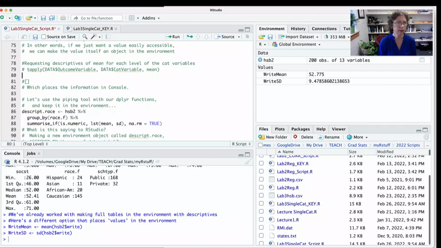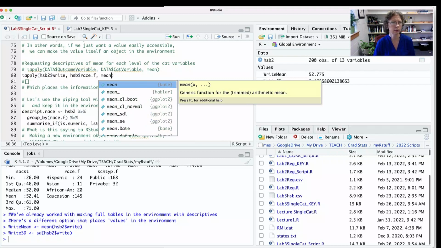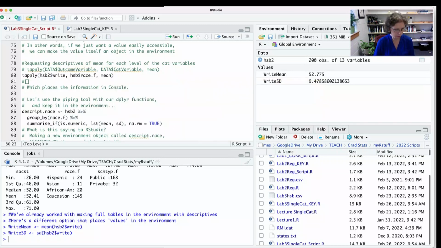So for that, my variable write, and also my categorical variable, we'll do race.f and tell R that we want the mean. I forgot a 2 there. Remember that RStudio's HSB is not the same as HSB2 in the environment.